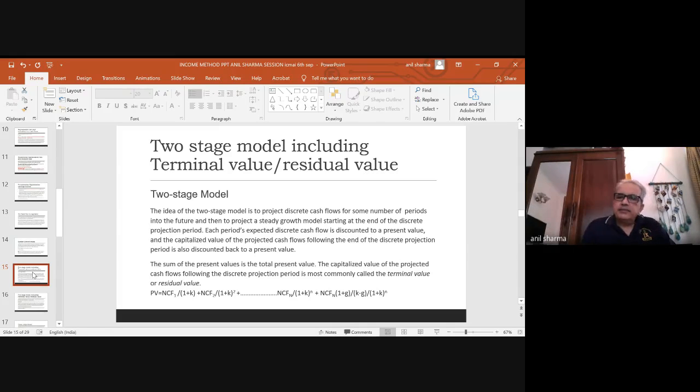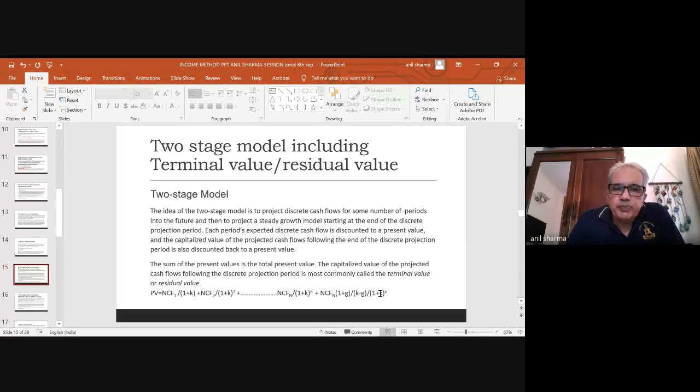For the remaining period, you will apply this formula, which is NCFN times (1 plus G) upon (K minus G), divided by (1 plus K) raised to power N, right? This gives you the terminal value of the cash flows at the end of the X years for the perpetual period after that.